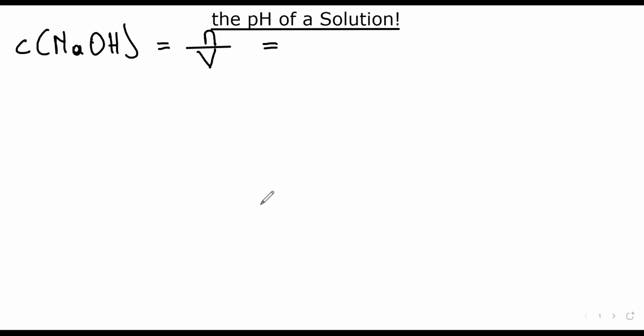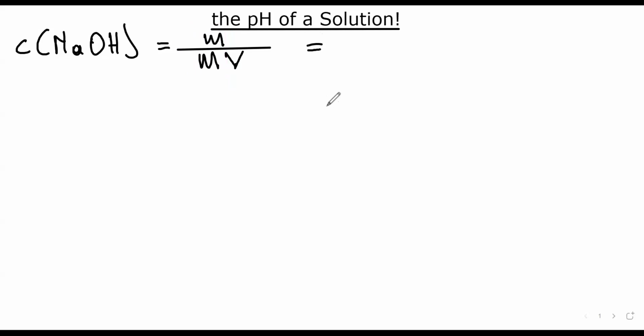We don't really know the number of moles, but we can calculate them. But we don't need to use this formula, really. We can just use the one that says mass divided by the molar mass times the volume. Because anyway, we know that mass over molar mass is the number of moles, so we didn't change anything.